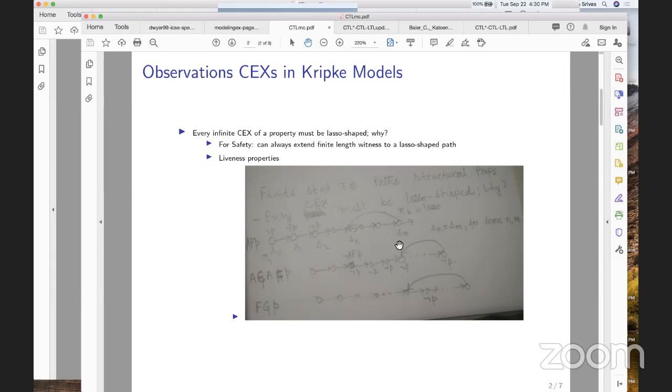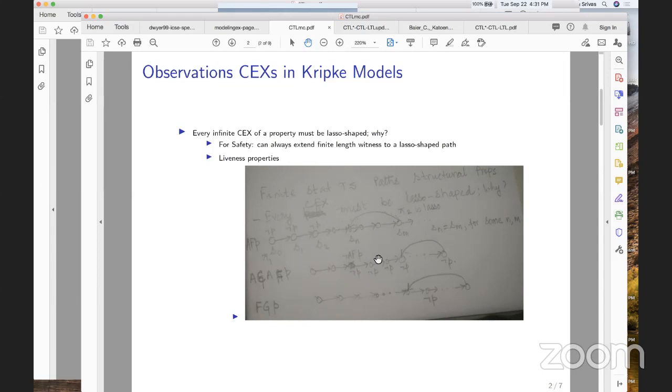That's the proof that I gave. You're exactly correct. Wait some more time, and you will see that every path in a Kripke model will have to end up in one of a finite set of these kinds of lassos.